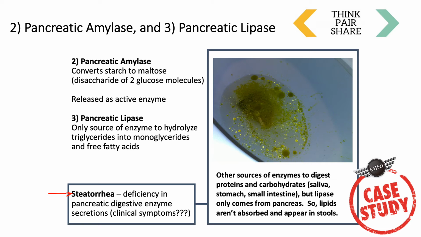Now, if we have pancreatic insufficiency, we'll have other sources of enzymes to help digest proteins and carbohydrates, right? We have amylase within the saliva. We can start digestion of proteins within the stomach. But lipase only comes from the pancreas. And the pancreas is almost solely responsible for the digestion of fat. So we'll see that floating undigested fat within the stool.